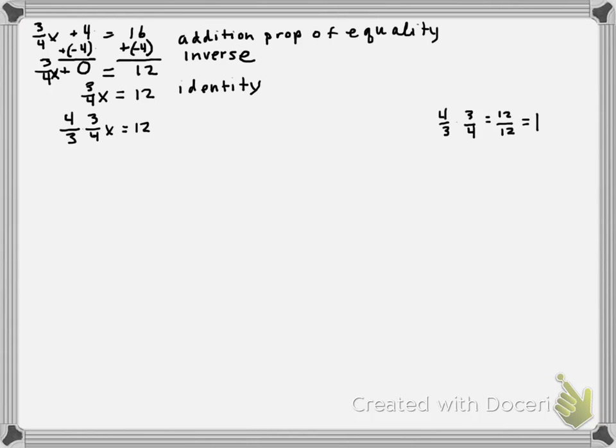Anyway, so what we're going to do, we multiply this side and we multiply the other side by 4/3. This is doing the same thing, multiplying the same number on both sides, multiplication property of equality. We're doing the same thing to both sides.